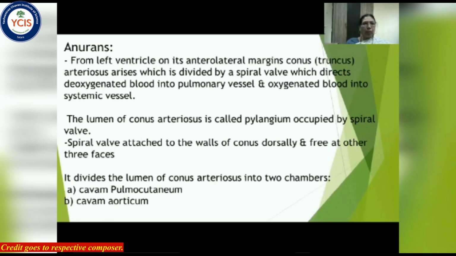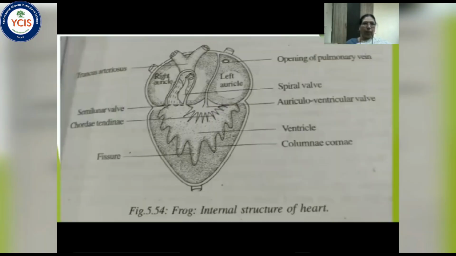The lumen of the conus arteriosus is occupied by the spiral wall. The spiral wall is attached to the walls of the conus dorsally and free at the other three faces. It divides the lumen of the conus arteriosus into two chambers, the cavum pulmocutaneum and the cavum aorticum.